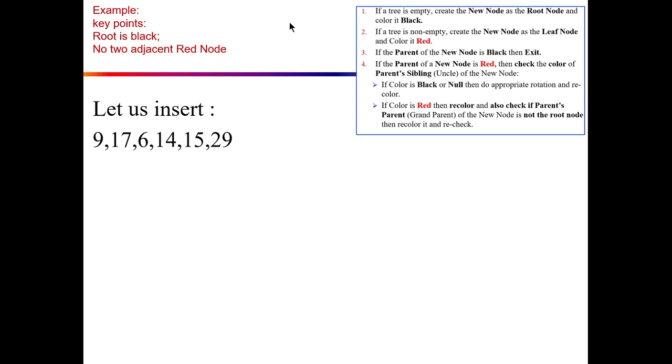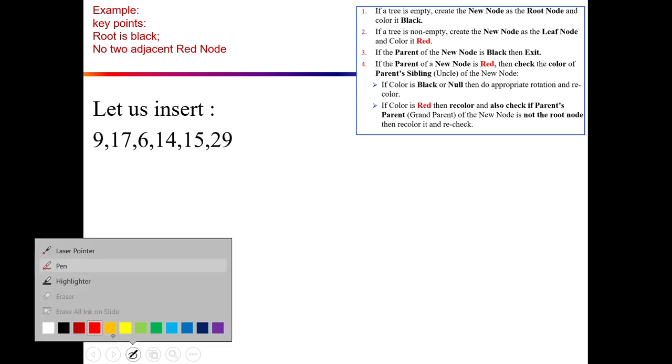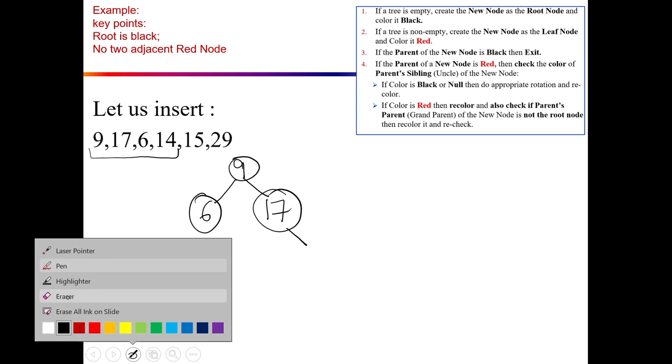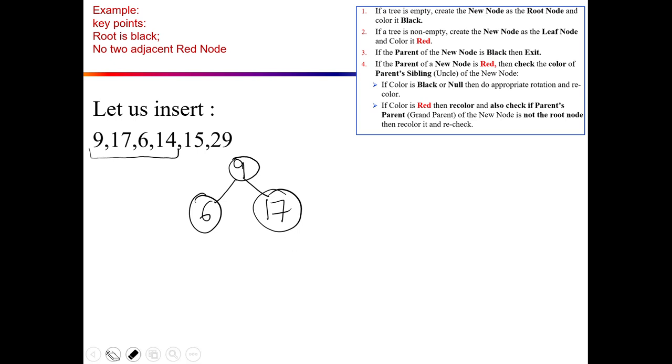And I'll tell you that we stopped in the last video at this position where I inserted nodes 9, 17, 6 and 14. So let me give you a glimpse of the tree constructed till date: when I inserted 9, when I inserted 17, 6, and finally I inserted node 14.